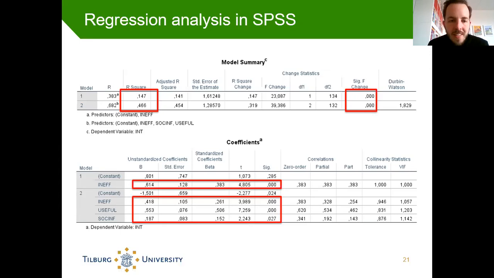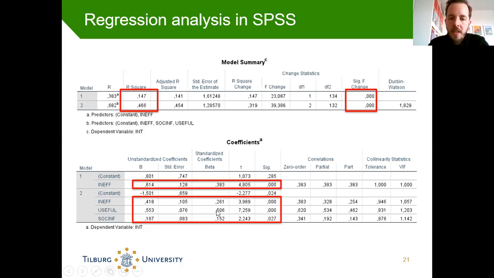One interesting thing that you can also see here is that you can find out which of those 3 predictors actually is the best predictor for your outcome variable. And this is something you can tell from those beta coefficients that we have here. And typically, the higher this value, the better the predictor. If you look at those 3 predictors here, it looks like people's esteemed usefulness of the technology is the best predictor of their intention to use the new technology, right?